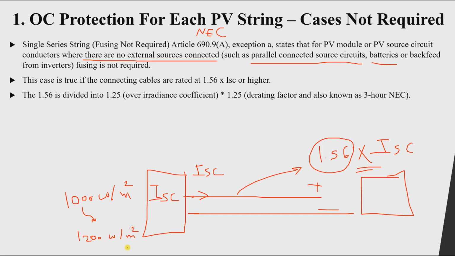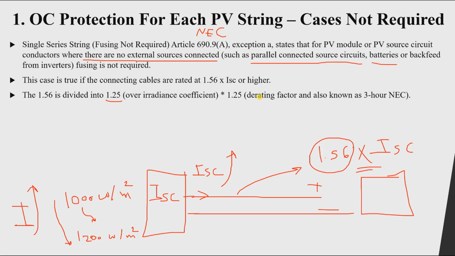As irradiance increases, the total current going out of the panel will also increase. So it means that the short circuit current will also increase. So we have to account, as a safety factor, for the presence of over irradiance conditions. In this case, we add 1.25 as an over irradiance coefficient, as a safety factor to accommodate any increase in current due to the increase in the irradiance.